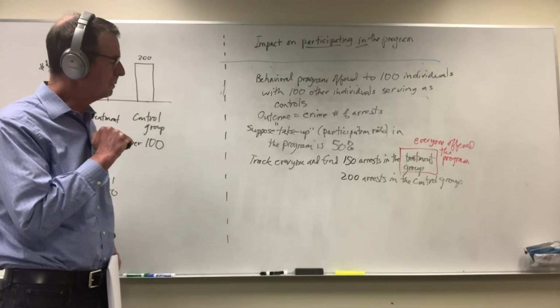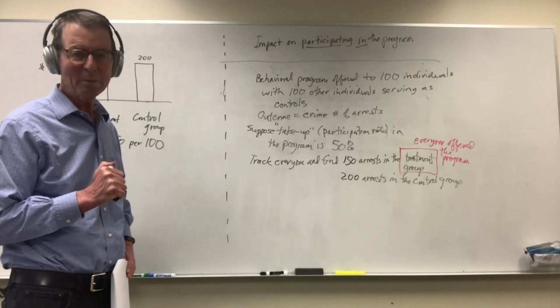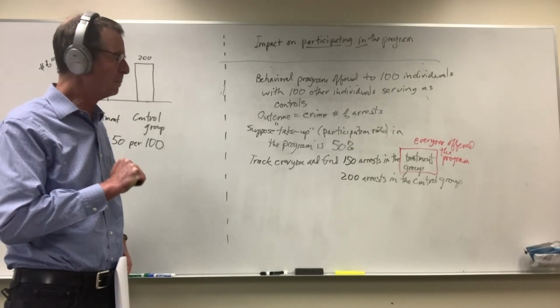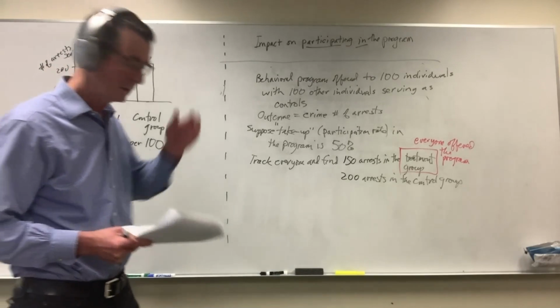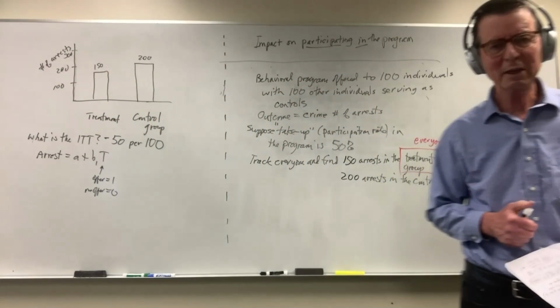We can't tell really. There could be a lot of selection going on into participating in the program, and that makes a simple interaction not work because you're not controlling for that selection process.